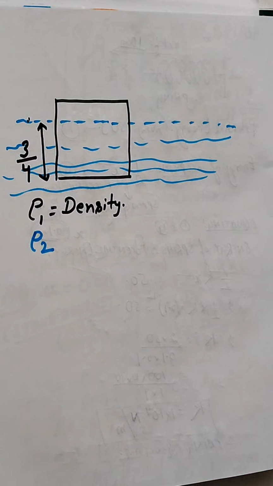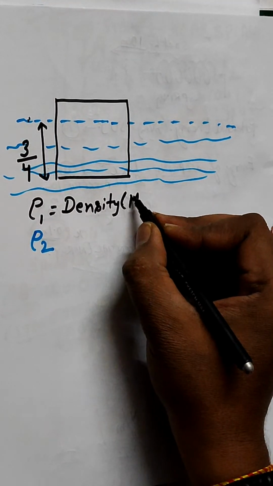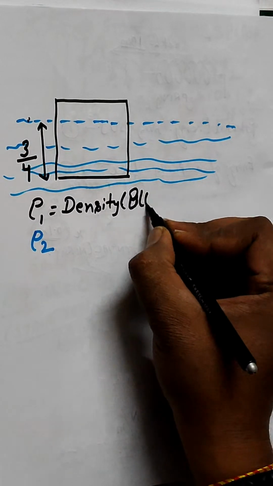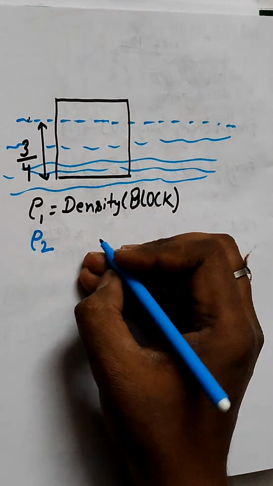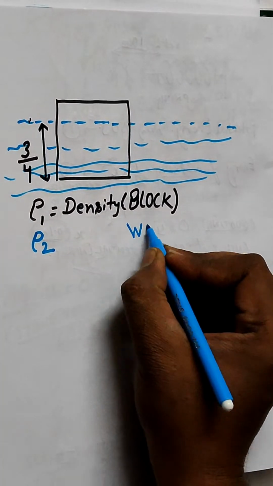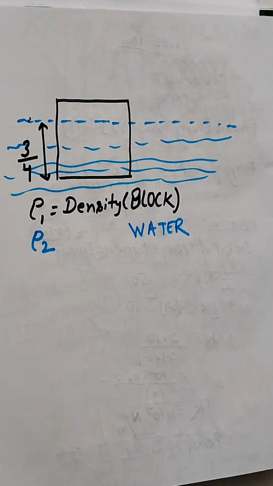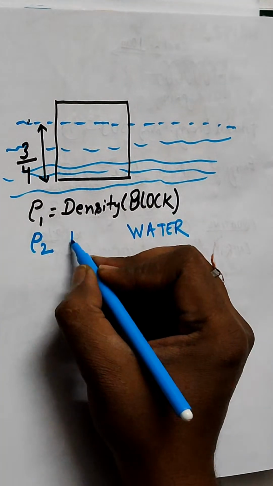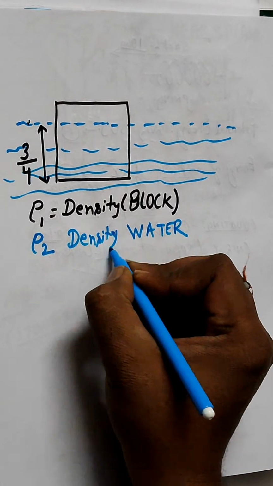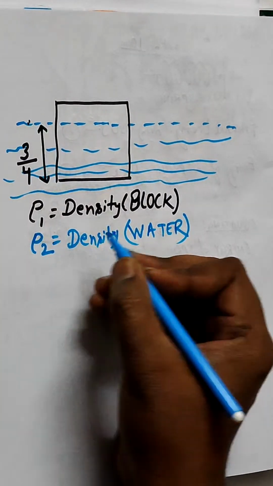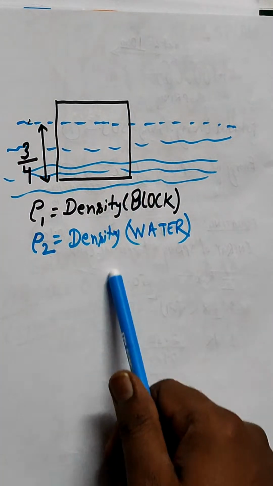This is the density of the material, or you can say block, and this is the density of water. Rho 2 is the density of water, right?